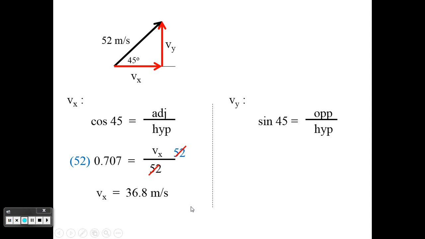Cosine of 45, 0.707, equals v sub x over 52. 36.8 meters per second is my result. For v sub y, the sine of 45 is opposite over hypotenuse. It turns out the sine of 45 is the same as the cosine of 45, 0.707. After multiplying by 52, we get the very same 36.8 meters per second for the velocity.